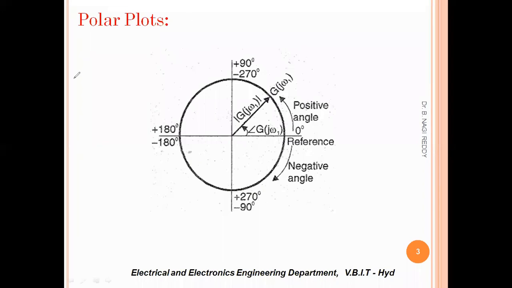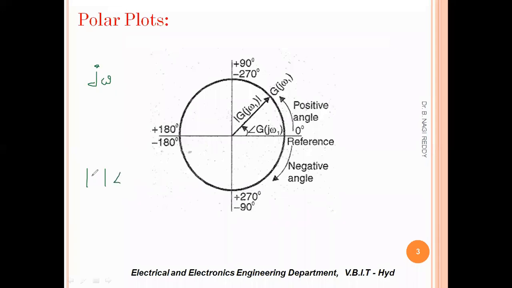Generally, the representation of polar plots or any complex number, of course, this is the frequency domain, which is the j omega domain. Frequency domain is also called the j omega domain. This j represents the complex number, right? So for any complex number, we will have a magnitude and an angle.